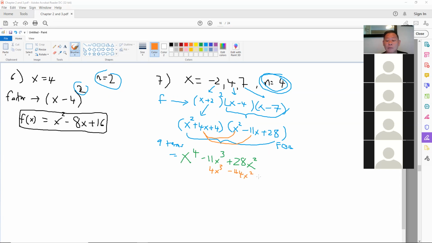4x times 28. Anyone has a calculator? What is 4 times 28? 112. Okay, thank you. And then the last one, you take the 4 and do the same thing. So 4x squared minus 44x, because you get negative 11.